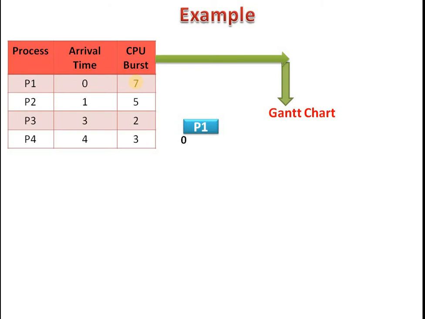Its waiting time is 0. P1 gets executed for 1 millisecond. The process P2 enters the system with the burst time 5 milliseconds, which is less than the burst time of P1, because P1 has 7 milliseconds and P2 has 5 milliseconds.